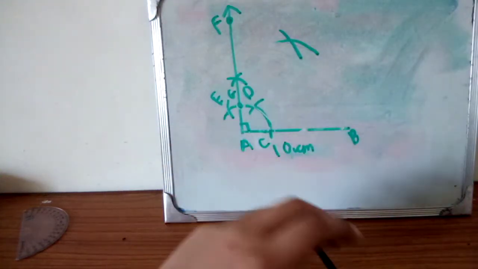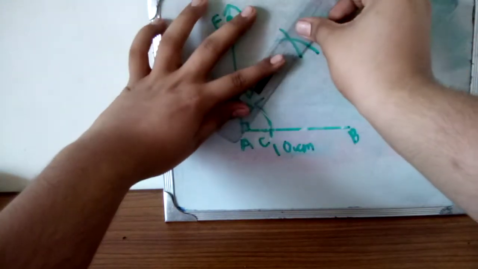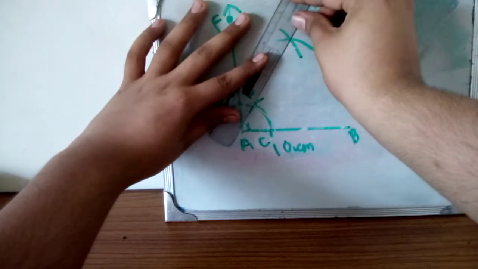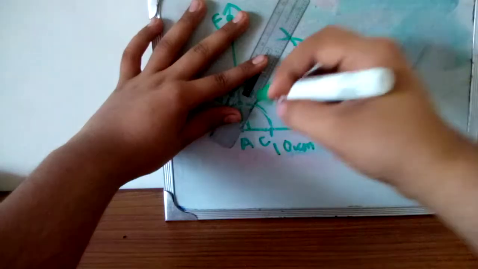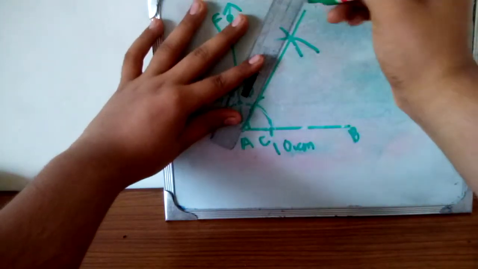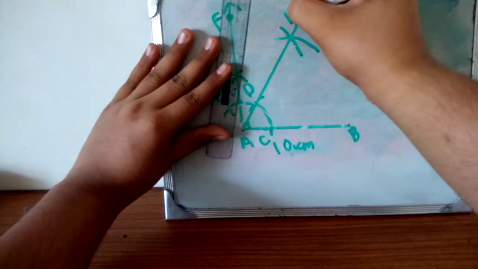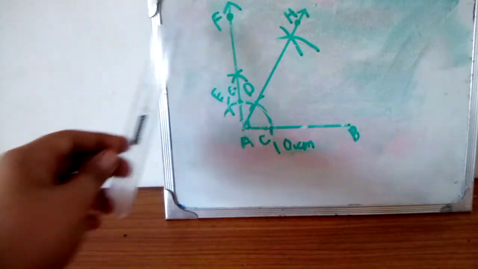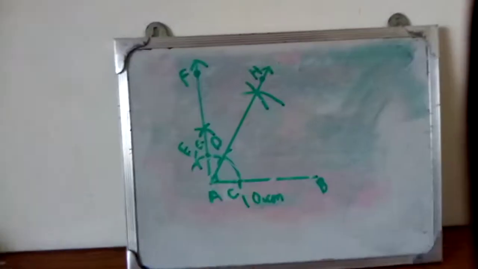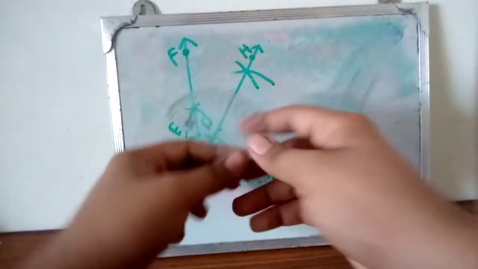And then join this line segment. So angle HAB is of 45 degree.